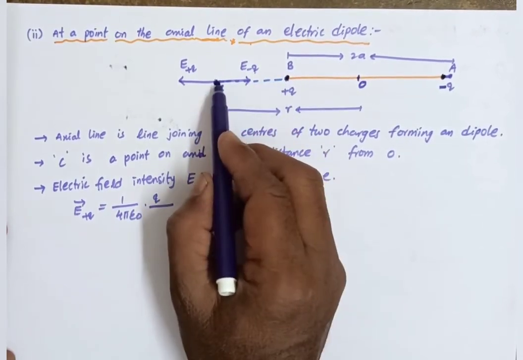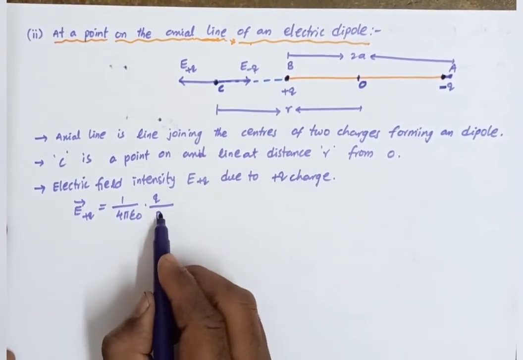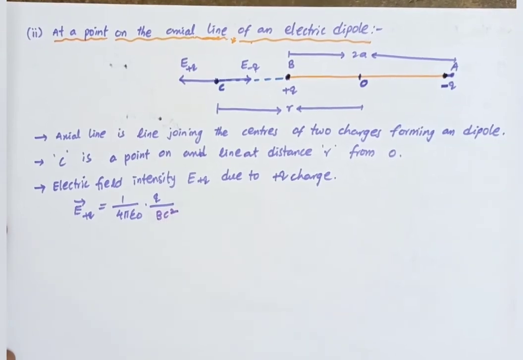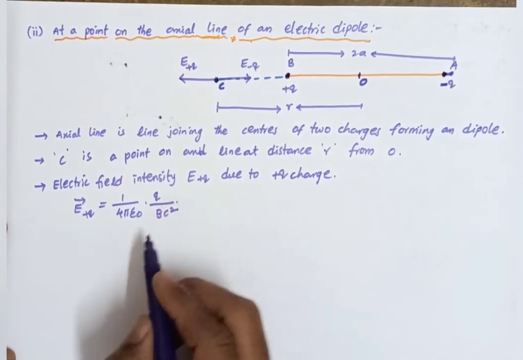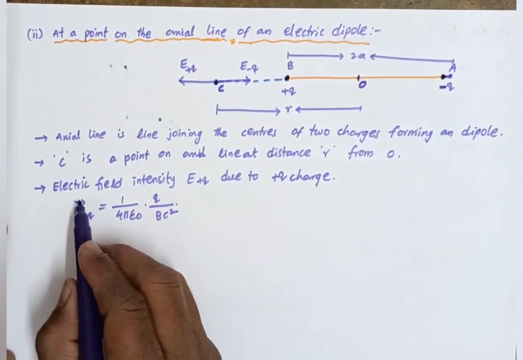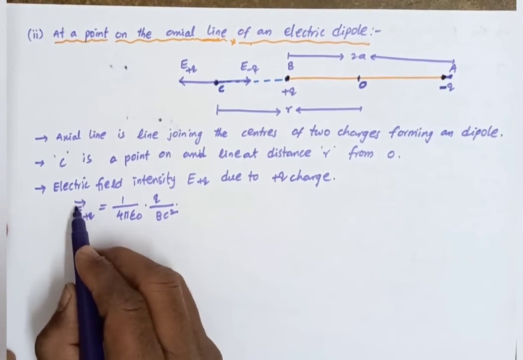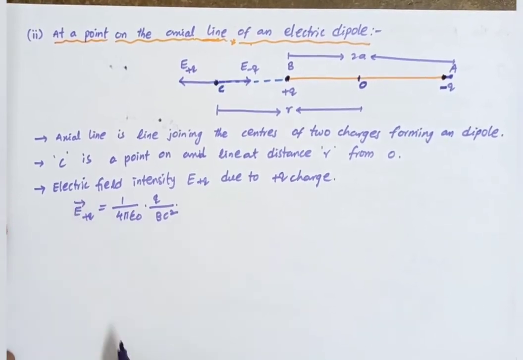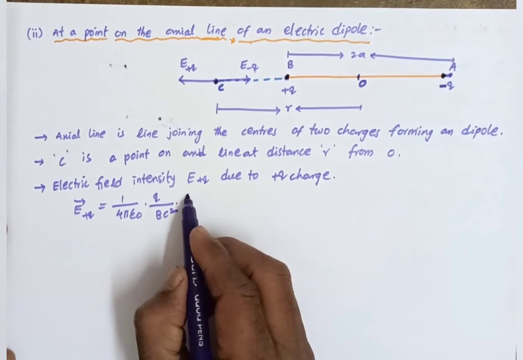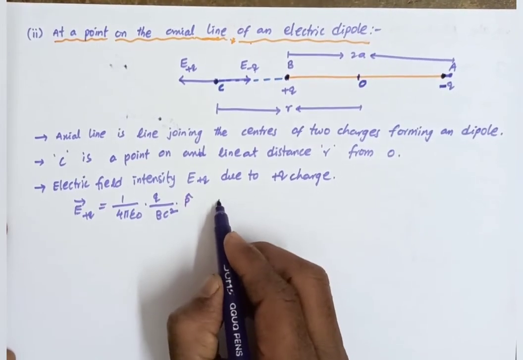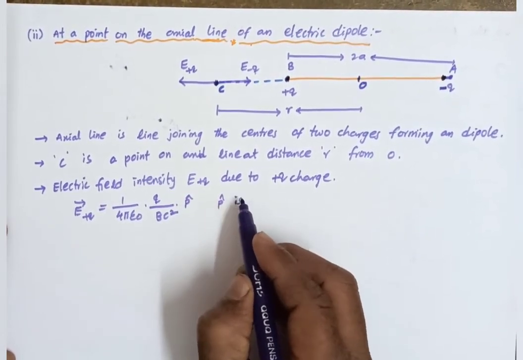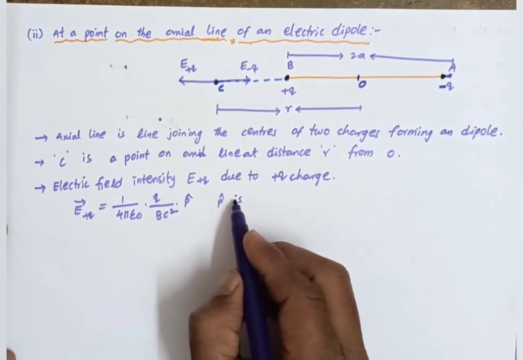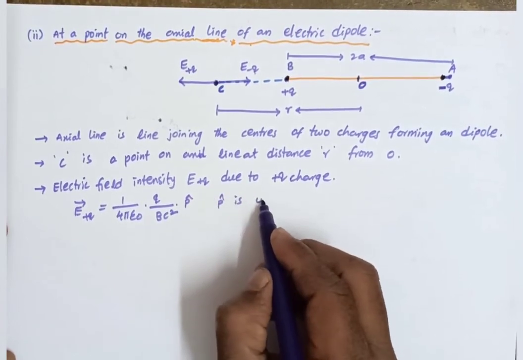The distance is BC, squared. Into, so we have taken the vector quantity, so here P cap is the unit vector.